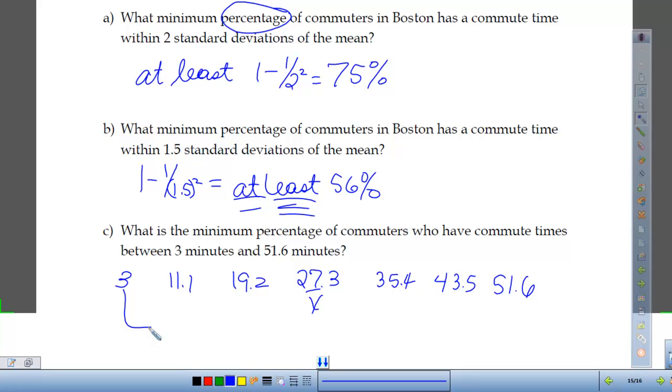So we were 3 standard deviations away from the mean. The mean's right there in the middle, so we went 1, 2, 3 standard deviations from the mean.